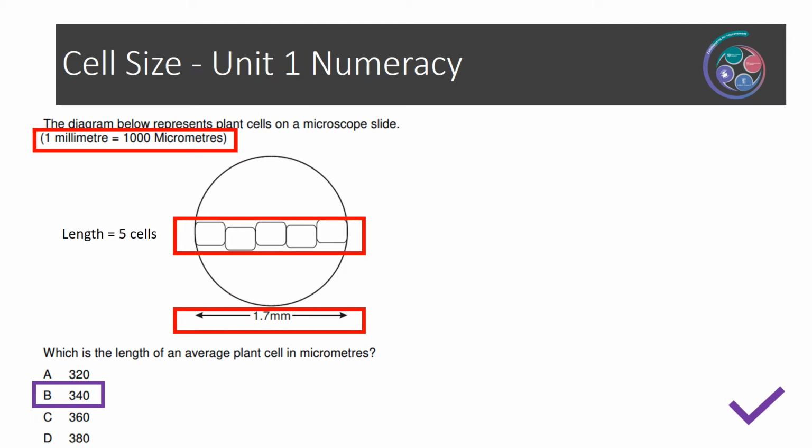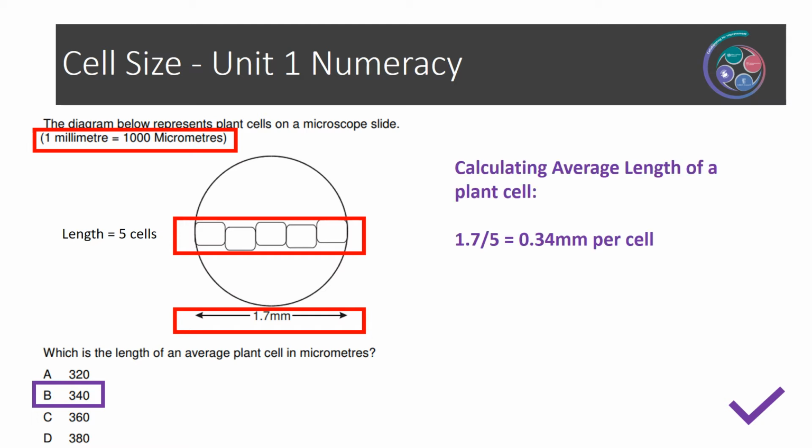I then count along because I've got the additional diagram which I must use, and I've noticed that there are 5 cells in the length going across the diameter. So the first thing I do is my division. I divide 5 by 1.7 millimeters, which gives me an answer of 0.34 millimeters.